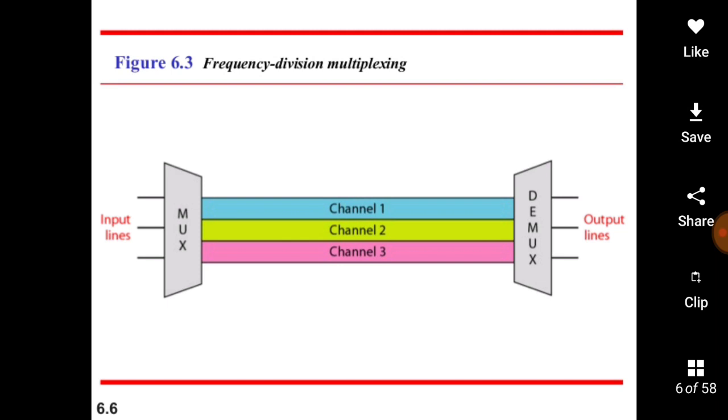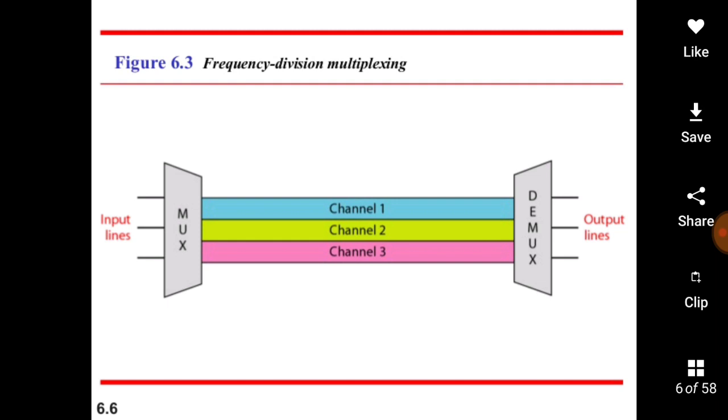That 200 hertz is a carrier frequency. We always know that the carrier frequency should be higher than the message signal frequency. So for each and every message I'm assigning a different frequency.